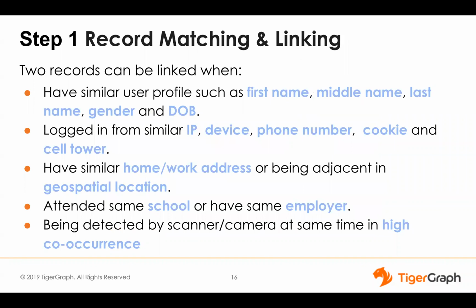So just kind of a review of what we talked about. 2 records can be linked when they have similar user profiles. So this is information that would be directly on their record. And that's something you think, well, okay, I can probably do that. It's difficult to do at scale, but I can probably do that with my existing data systems. But then we start talking about, what about if we're logging in from similar IP addresses, when there's a list of IP addresses?